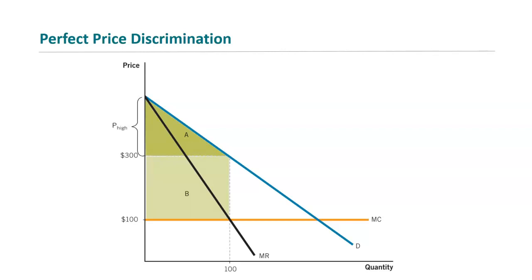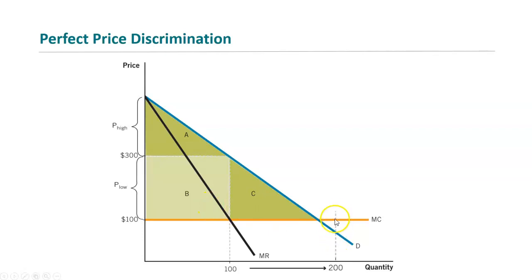So if you're able to perfectly price discriminate and charge everyone their highest willingness to pay, then you'll keep getting folks in the door and keep charging them according to the demand curve until this point where the demand curve crosses the marginal cost curve. You'll end up with this area C of additional profits from attracting more customers into the door than you could with a price of 300.